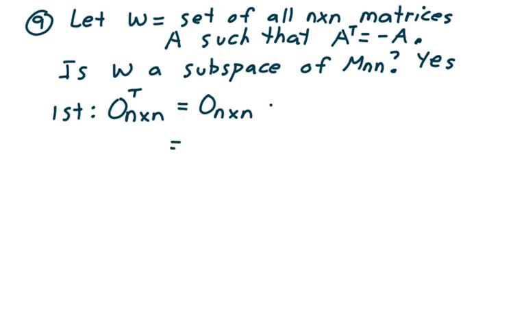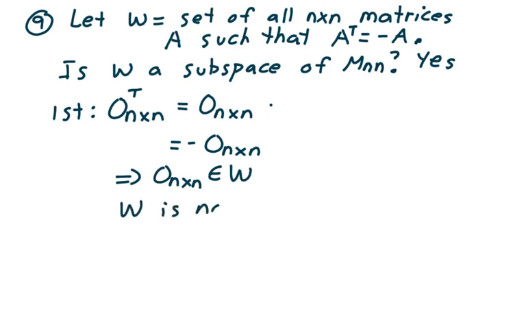And then this is equal to negative the zero matrix. And so that implies the zero matrix for n by n matrices belongs to W. And W is non-empty. Just like that.